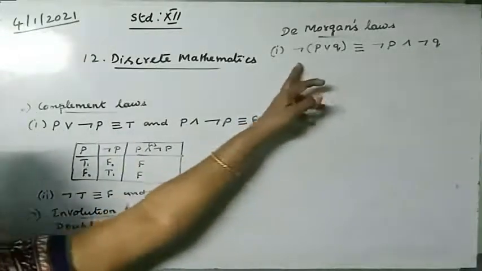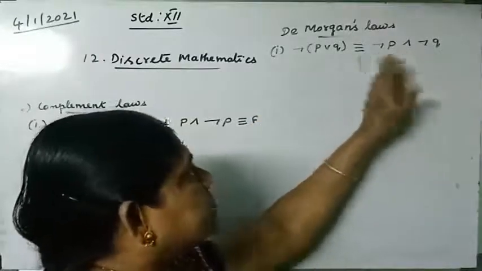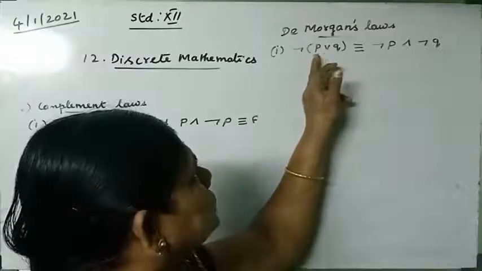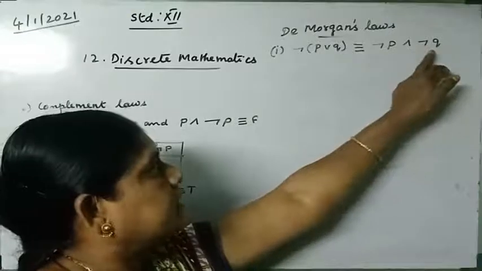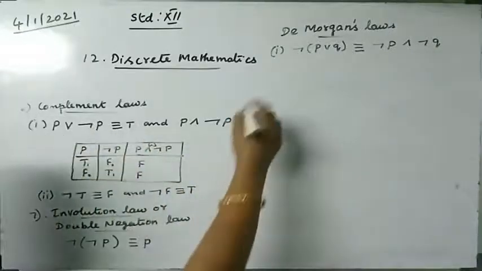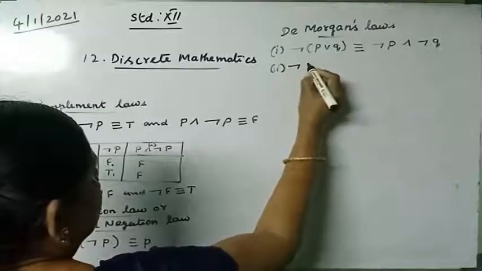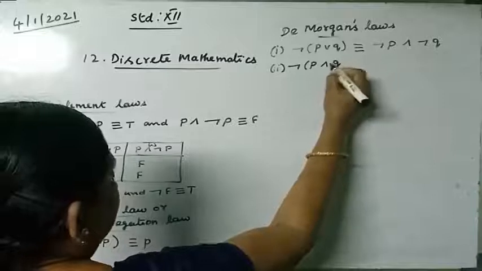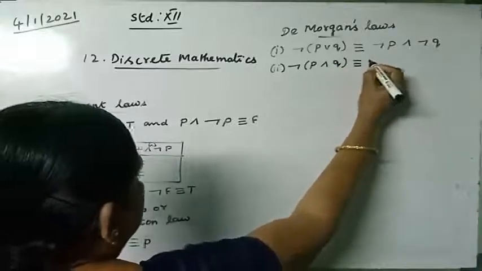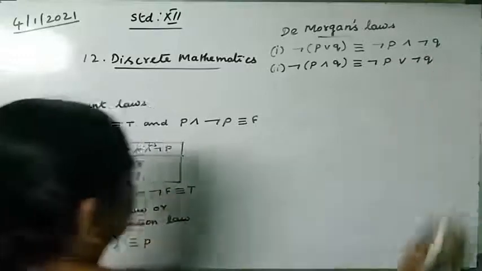A union B the whole dash is equal to A dash intersection B dash. அதே மாதிரி இங்க நீங்க negation of P or Q which is equivalent to negation of P and negation of Q-னு எழுதிக்கலாம். The other law by using intersection, that is and. So negative of P and Q, which is equivalent to negation of P or negation of Q.